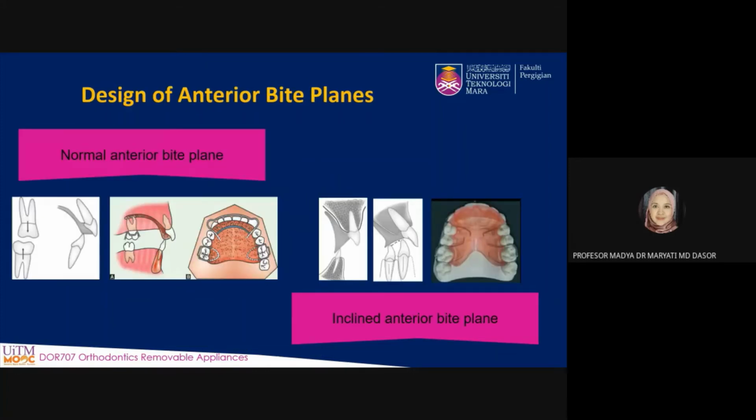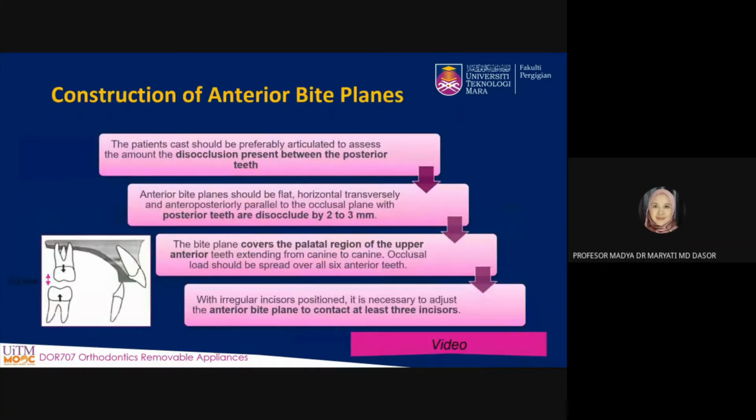These are the designs of anterior biplane. Highlighted on the left-hand side is the normal anterior biplane, and on the lower right-hand side is the inclined anterior biplane. There are several important steps that you are required to understand in the construction of anterior biplanes.